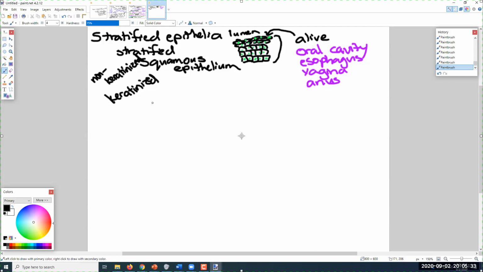Yes, it makes it a lot tougher and makes it waterproof, but it's going to cause the cell to die off. So although we still have the same kind of structure that we saw earlier, I'm going to just draw fewer cells for my sanity.